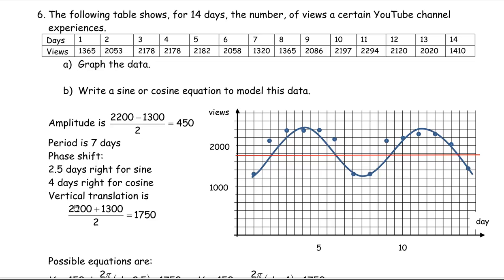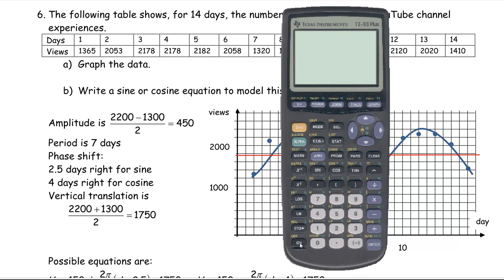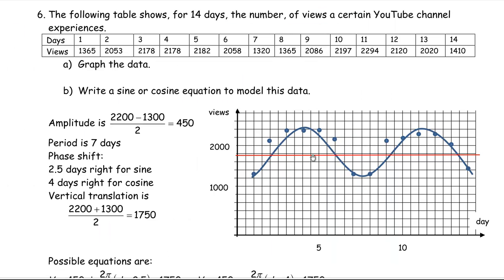So if we add 2200 and 1300, bring our handy-dandy scientific calculator back again. 2200 plus the 1300 at the bottom, add them, divide by 2. It's around 1750. So 1750, just below the 1800, is approximately where the axis is in the middle. So this height should be about the same as this. So that's the vertical translation.